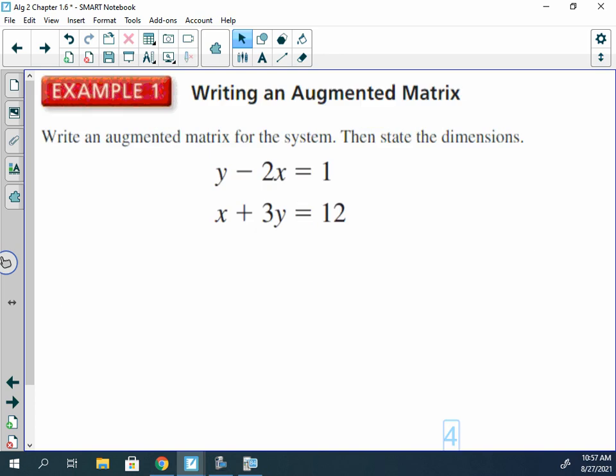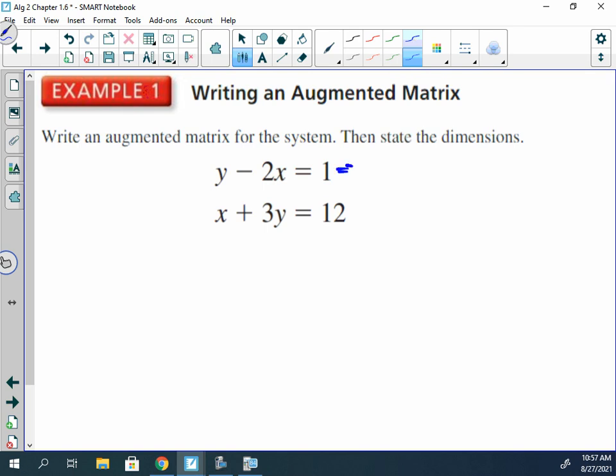Okay? So let's look at the first example here. It said that we need to write each one in standard form. Is this top equation in standard form? Well, no. What's first? Y. We need what first?